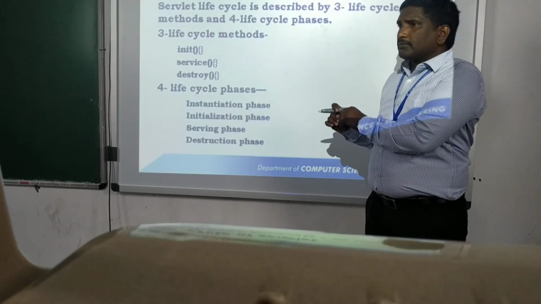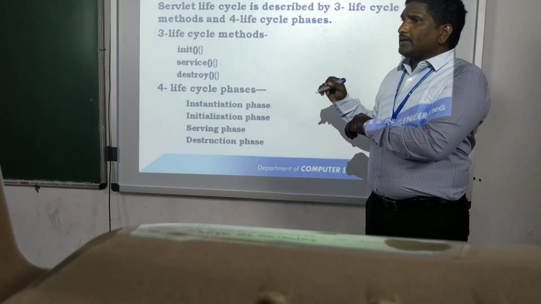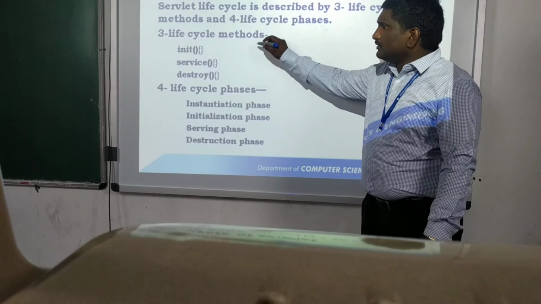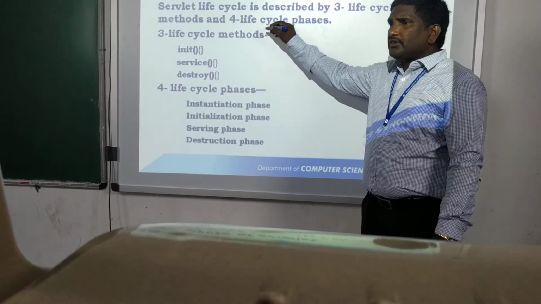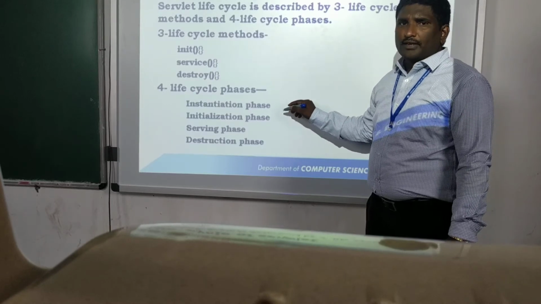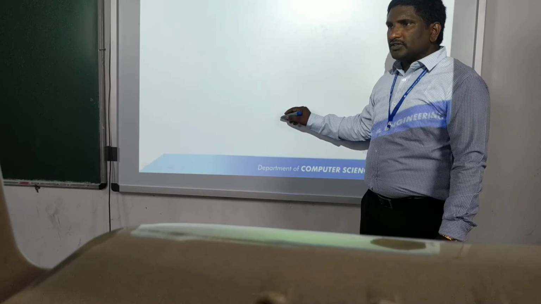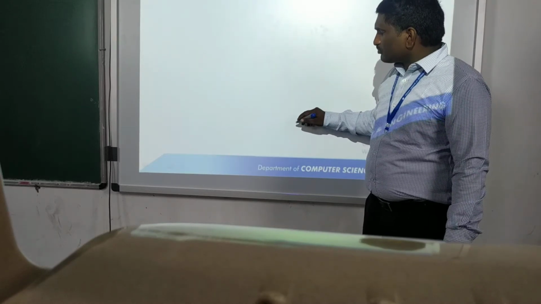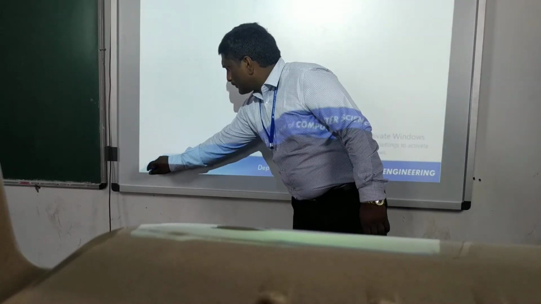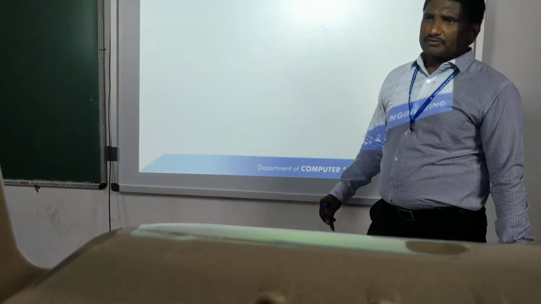The servlet engine identifies the corresponding servlet and then executes these three life cycle methods. These 3 life cycle methods can be described by 4 life cycle phases: instantiation phase, initialization phase, serving phase, and destruction phase.